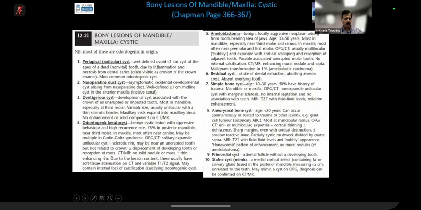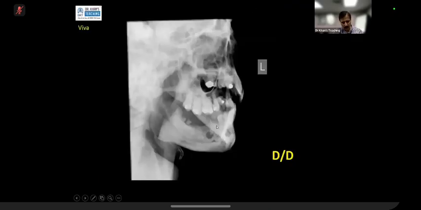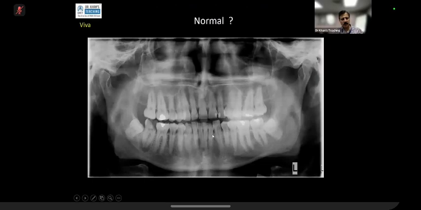Periapical or radicular cyst: well-defined ovoid, less than 1 centimeter cyst at the apex of a dead tooth due to inflammation and necrosis from dental caries, often visible as erosion of the crown enamel. Most common odontogenic cyst. So if you see here, the crown is eroded, and at the root you can see that there is a cyst. So this is a radicular cyst.